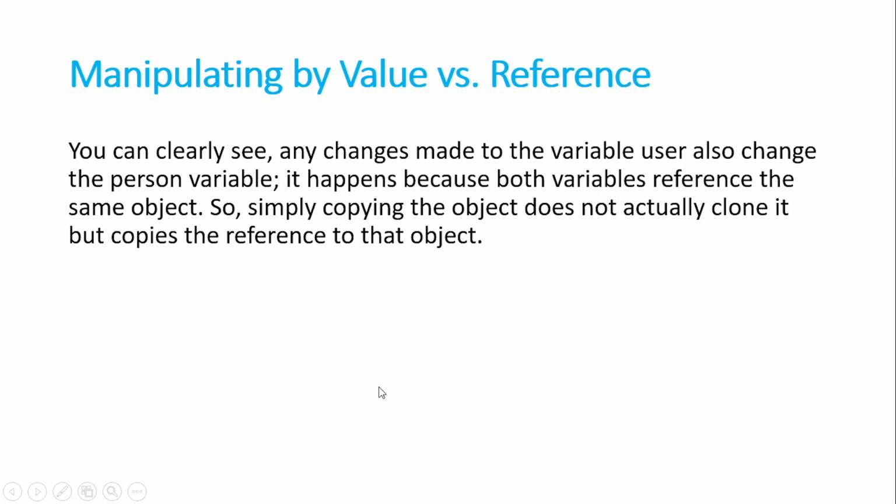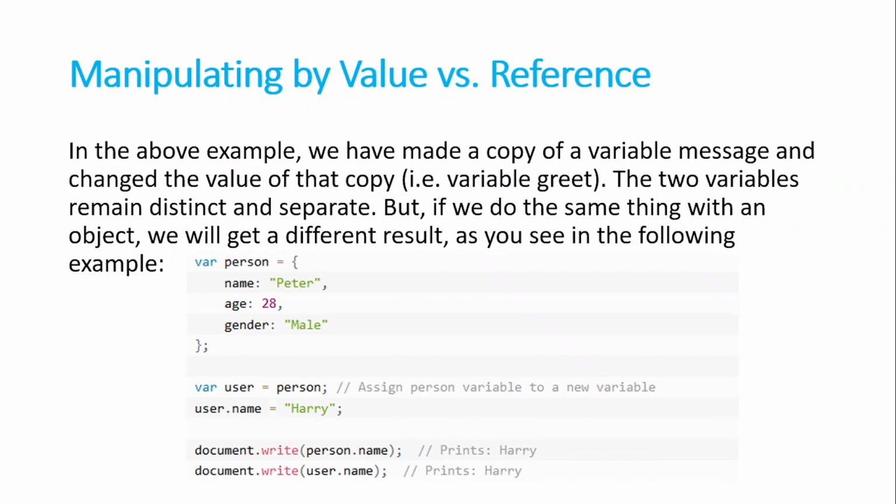You can clearly see any changes made to the variable user also change the person variable. It happens because both variables reference the same object. So simply copying the object does not actually clone it, but copies the reference to that object. If we change either the person or user object, then both will be affected.